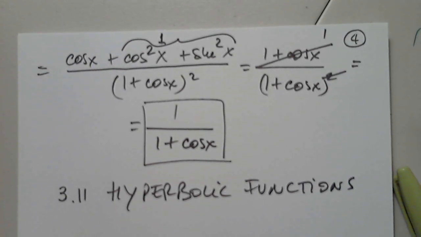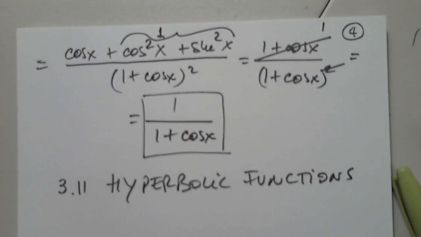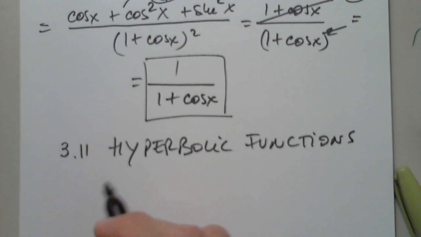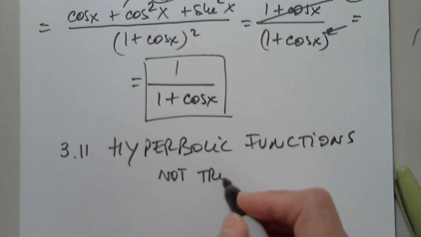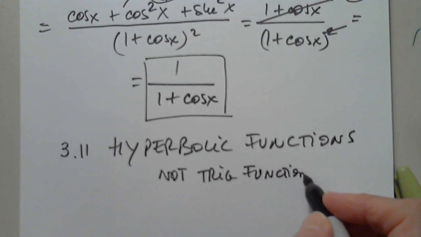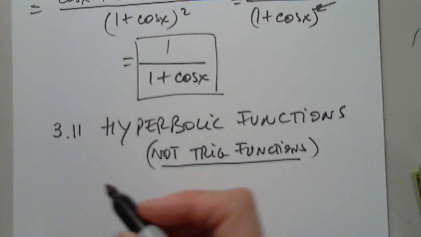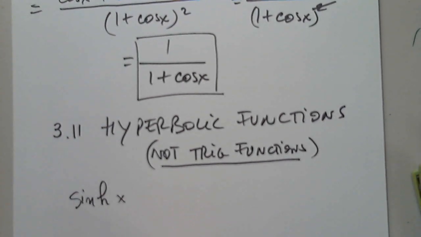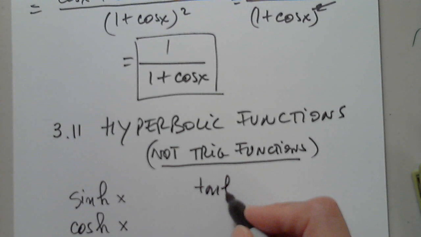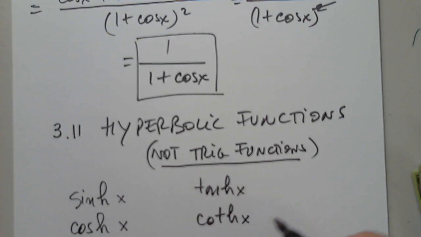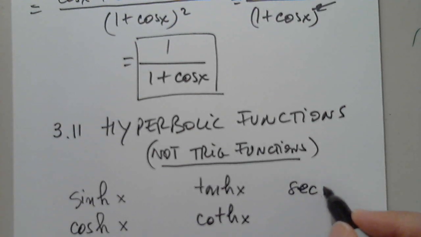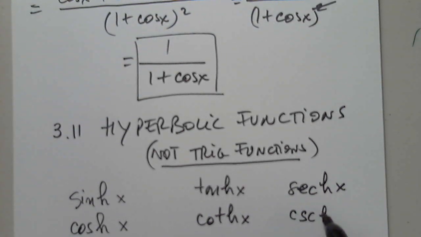In short, I just want to go back to a couple of graphs. And first of all, before the book gets there, hyperbolic functions are not trig functions. You can say, okay, if they're not trig functions, why is the name hyperbolic sine, hyperbolic cosine, hyperbolic tangent, hyperbolic cotangent, hyperbolic secant, and hyperbolic cosecant?